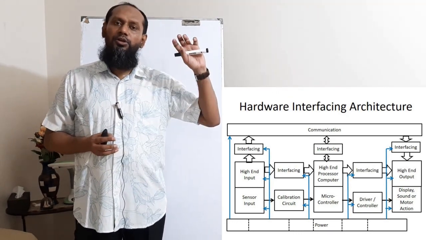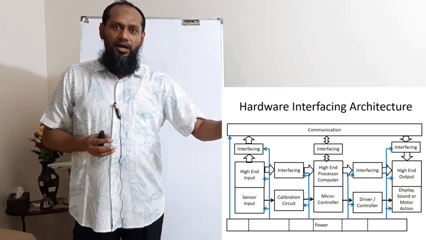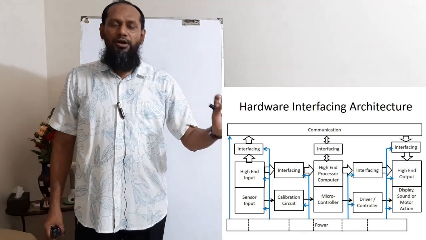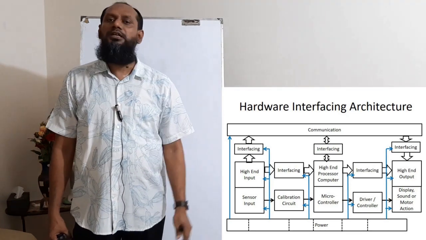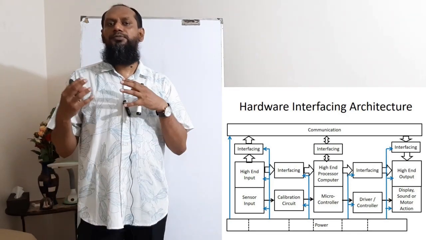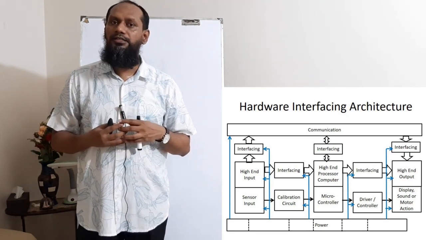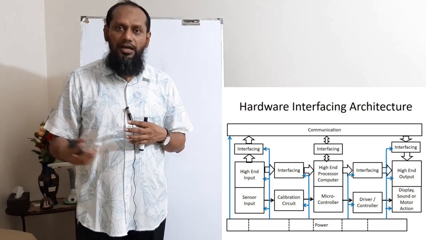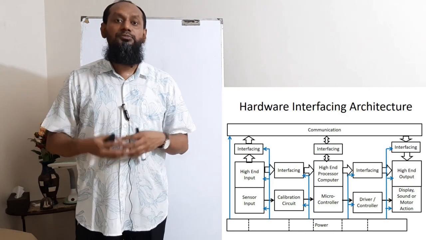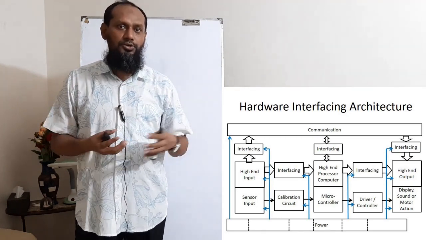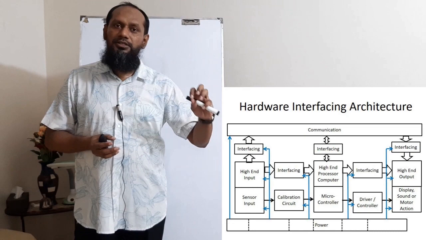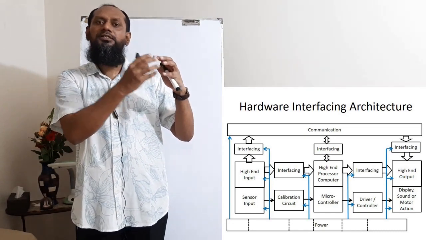When we use a sensor, this is also an interfacing unit, but I am calling it a calibration circuit, because different types of sensors give different types of output. Some sensors give us resistance, some give voltage, some give current. So we have to make a calibration circuit so that our system can understand.